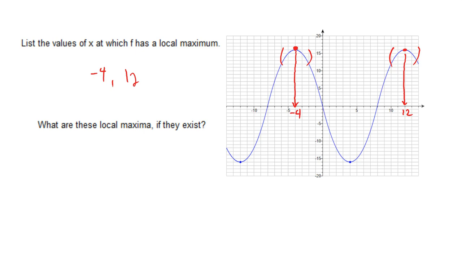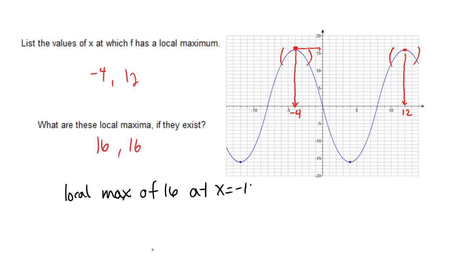These y values look like 16 for both of them. So I like to say it as we have a local max of 16 at x equals -4, and we have another local max of 16 at x equals 12.